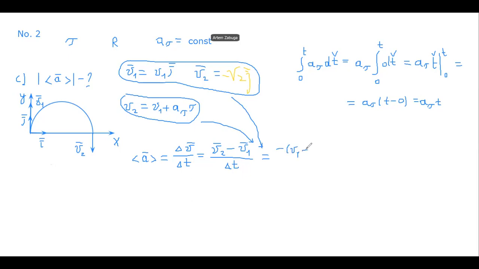Minus v1 plus a tau tau, minus v1, divided by tau, and we can simplify this.